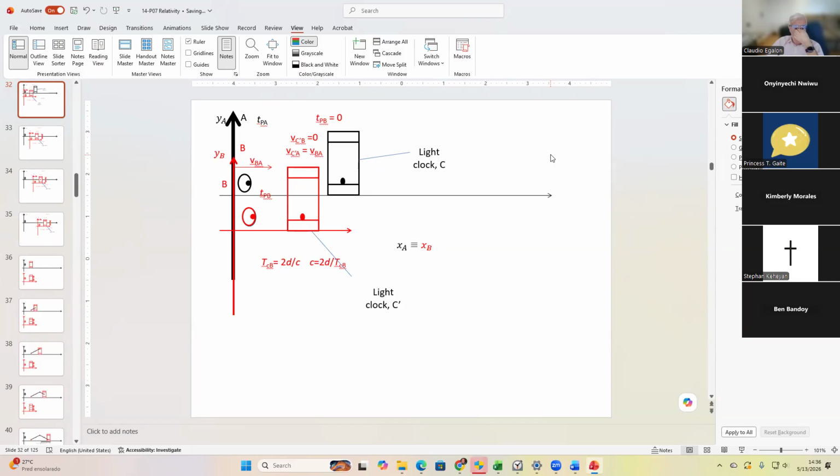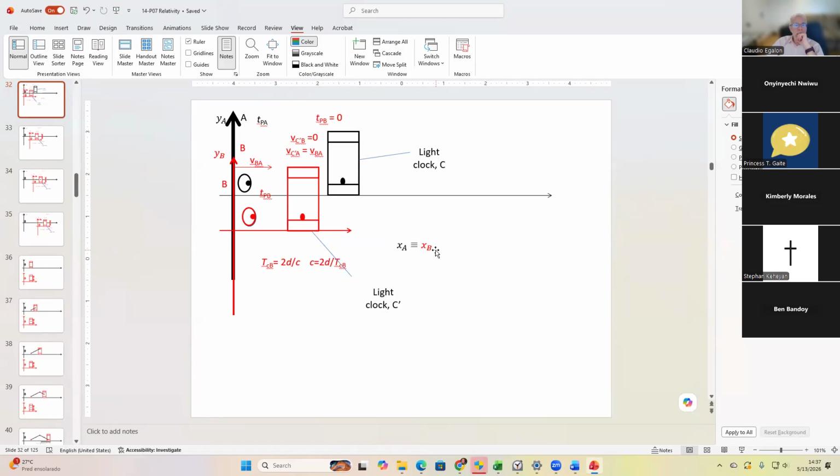Actually, they're exactly the same clocks. They're manufactured to specifications, so their specifications are exactly the same. It just happened that one stays in referential A, the other stays moving with referential B.